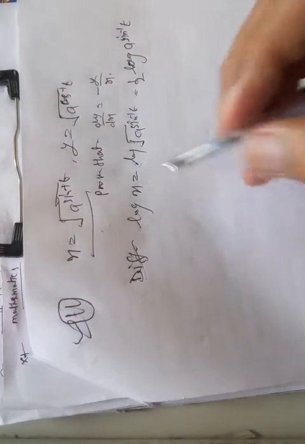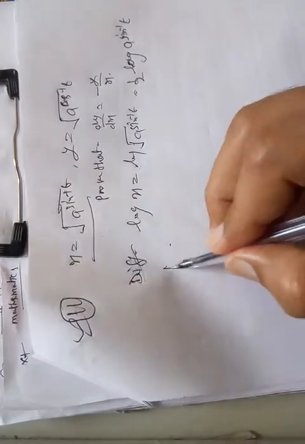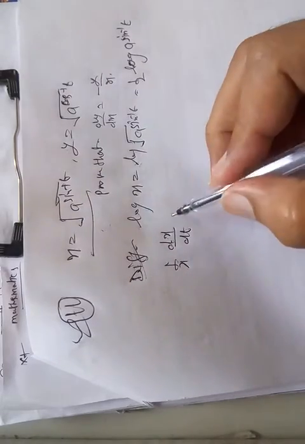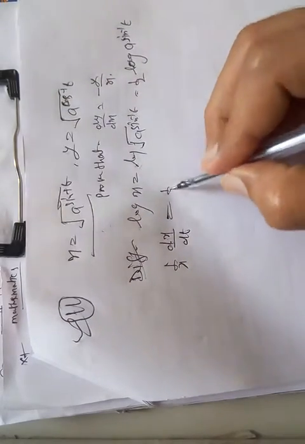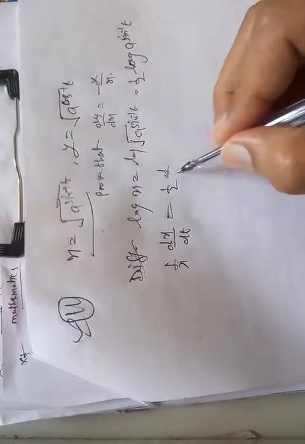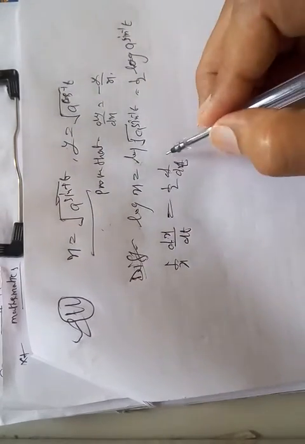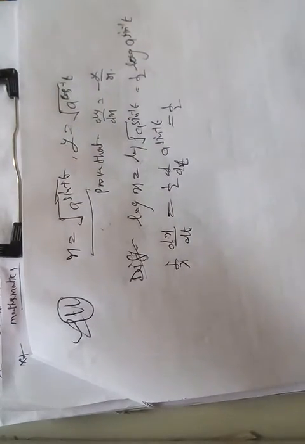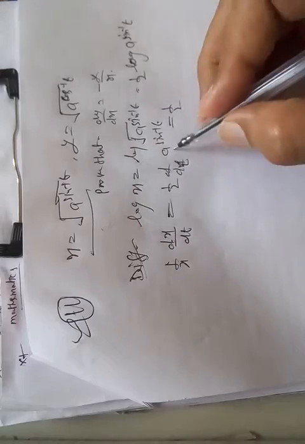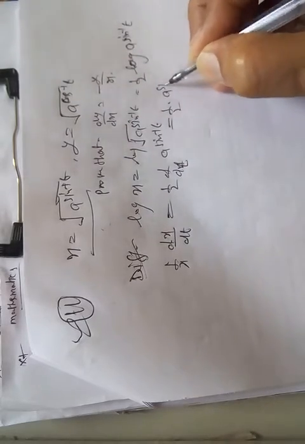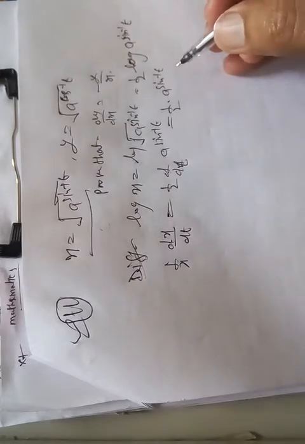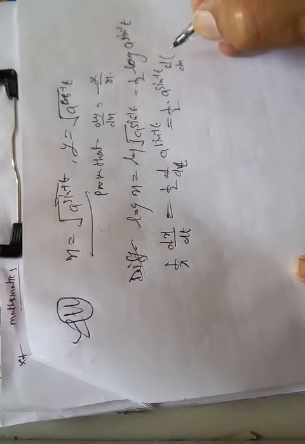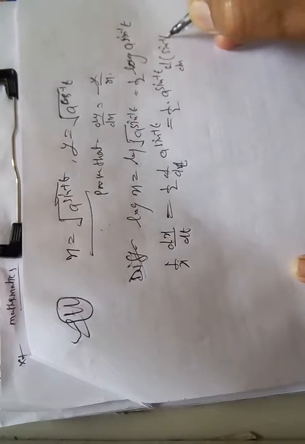Okay, so differentiate: 1 upon x dx/dt, and differentiate with respect to t, this function, 1 upon 2 d/dt of a raised to sin inverse t. This type of question, a raised to sin inverse t, d/dt of sin inverse t log a.